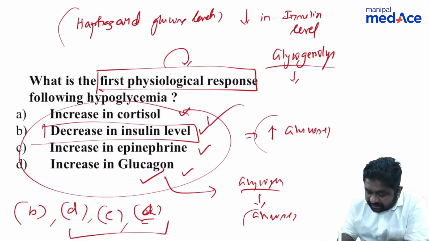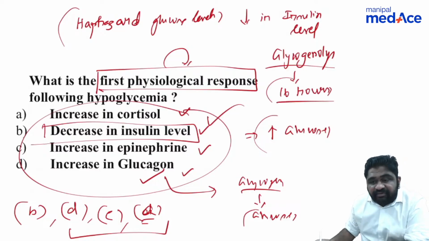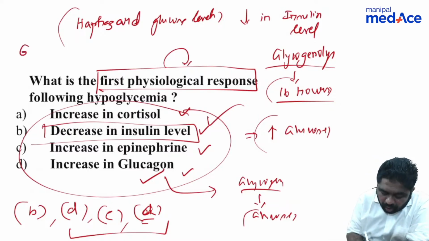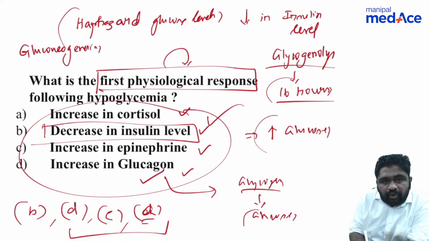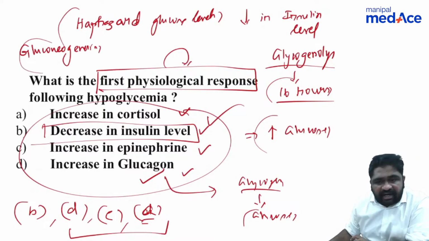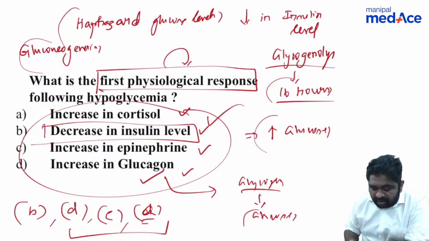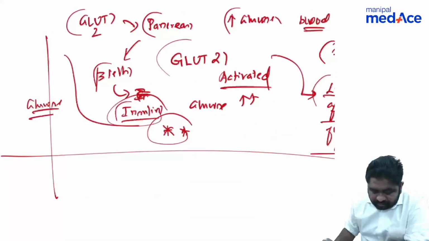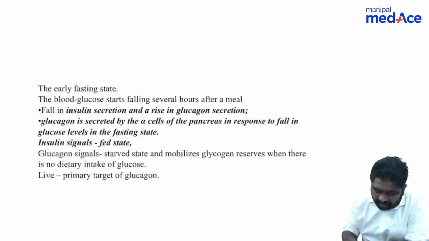Glycogenolysis can exist for a maximum of 16 hours. After 16 hours, yes Saravana Kishore, 12 to 16, gluconeogenesis will come into the picture. And once gluconeogenesis is done, then fatty acid breakdown happens, or beta oxidation of fatty acids increases. Remember, yes, that's correct.